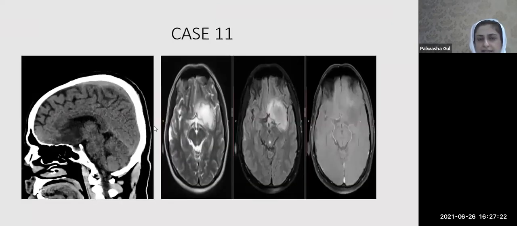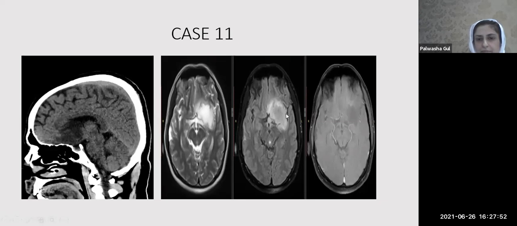So next, case number 11 was again a patient who was having headache and presented with fits. Non-contrast enhanced CT sagittal image showing a hyperdense lesion, and on MRI T2, FLAIR, post-contrast. This was hyperintense on T2, and this was sitting just in the left temporal region in the cerebral cortex.